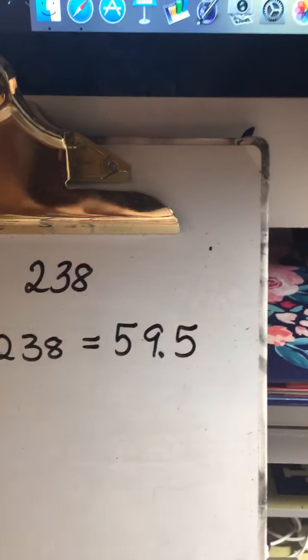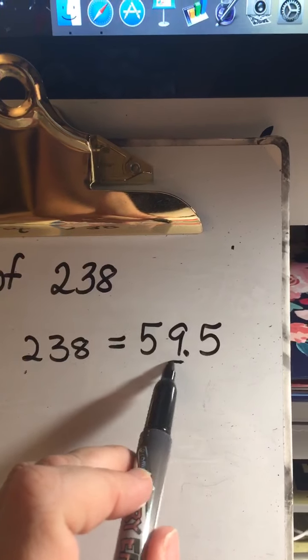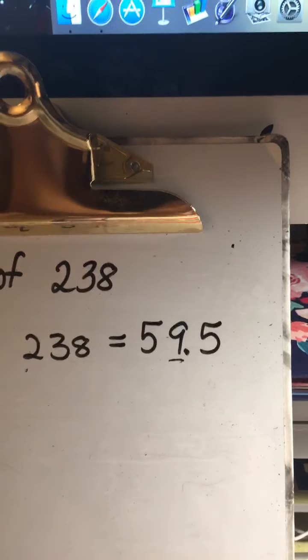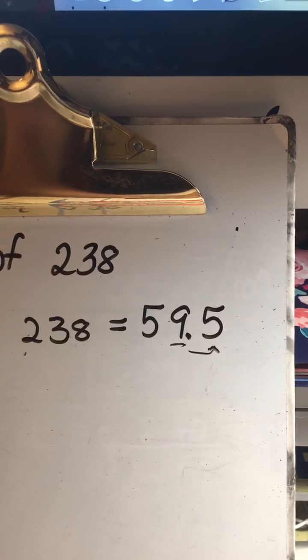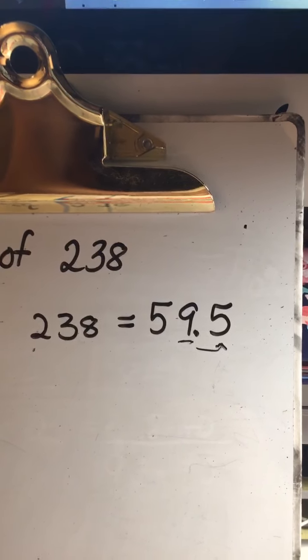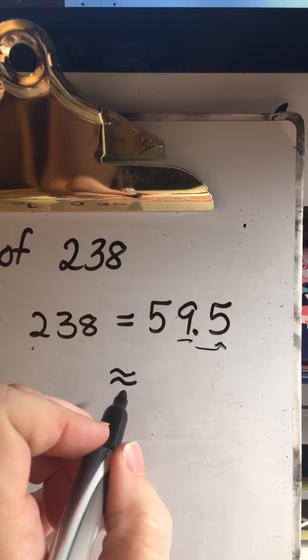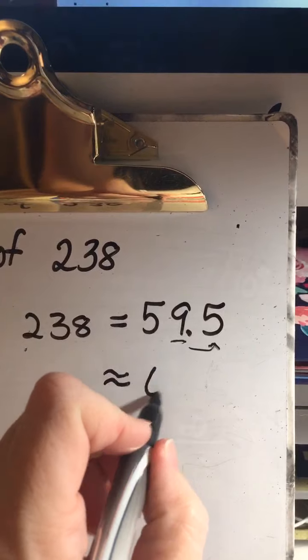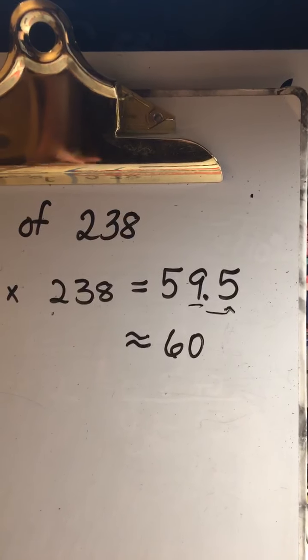And we're going to round to the nearest whole number, in the ones place. So you're going to look one place to the right. Is it large enough to change that whole number? Yes, it is. So your answer is approximately, we're going to use the wavy lines representing approximately, 60. Okay?